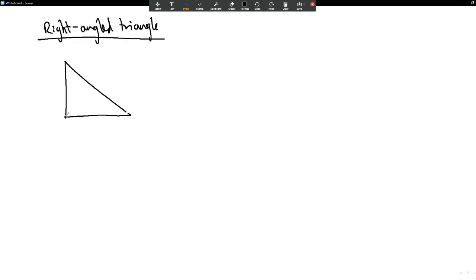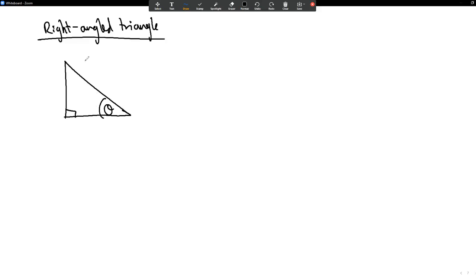Okay, now let's go back to our right angled triangles. Now let's consider an angle, theta, that we want to figure out, or that we want to deal with.